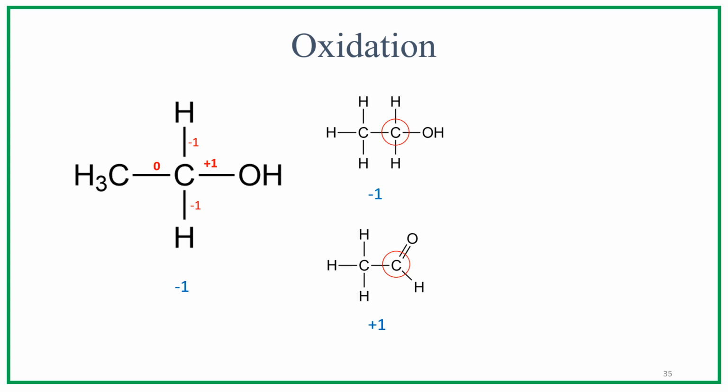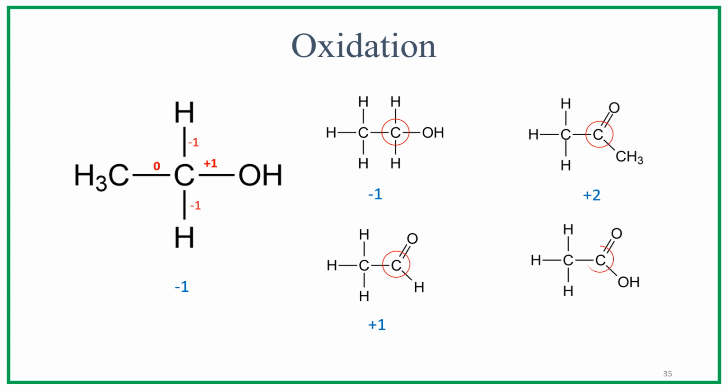Why is it plus 1? Because carbon carbon bond counts 0, carbon hydrogen minus 1, but there are two bonds combined with oxygen, therefore two pluses are there, therefore the total number is plus 1. And when you consider these two also, as you know, this carbon oxidation number is plus 2, and this carbon oxidation number is plus 3.